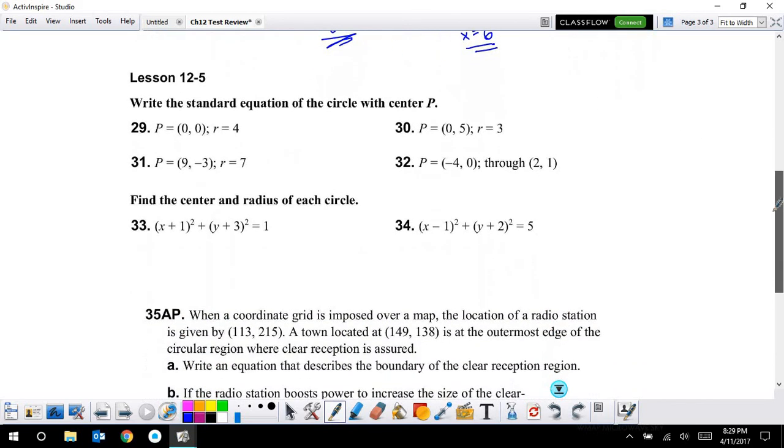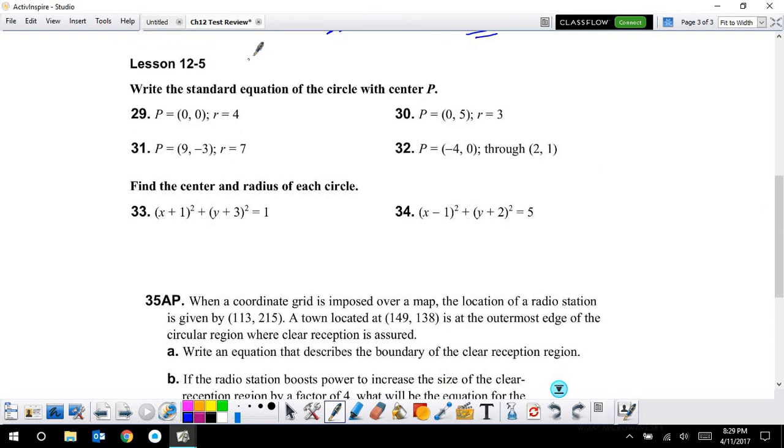So moving on to 12.5. So remember in 12.5, this is what we did last class. We had x minus h squared plus y minus k squared equals r squared. And remember the center was h comma k.